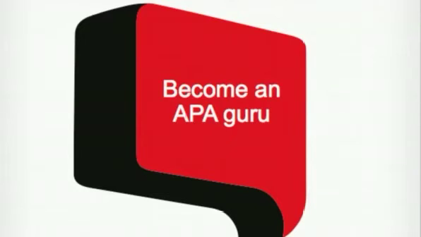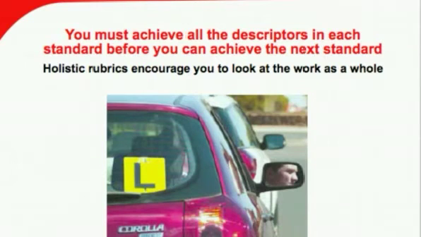So on that note, I want to talk a little bit about the holistic rubric. You'll notice that the rubric for our assessments in this unit is graded so that, rather than being broken into smaller criteria, each standard needs to be achieved before moving on to the next standard.